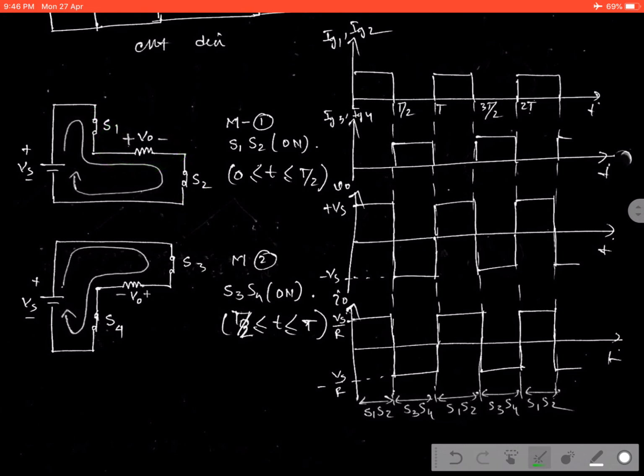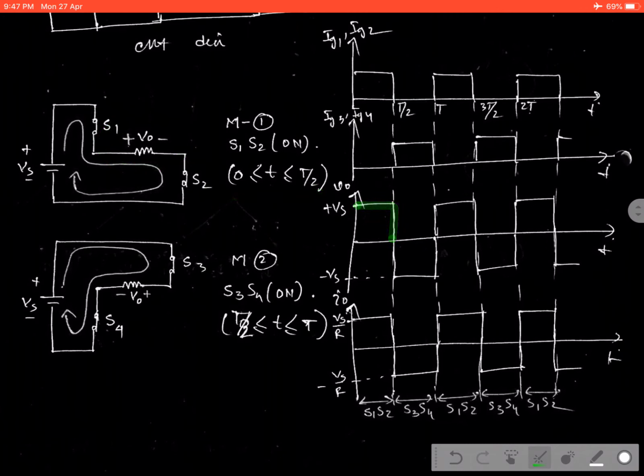Your left hand side is positive and right hand side is negative, and current is flowing from your left hand side to right hand side across the load. Assume this is the reference polarity and reference direction of the current, and assume it is positive. That is why in the first mode operation, during this duration, the output voltage is this one.